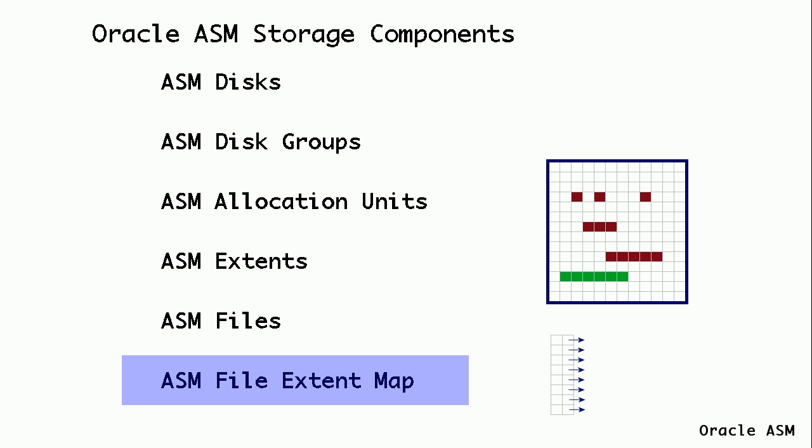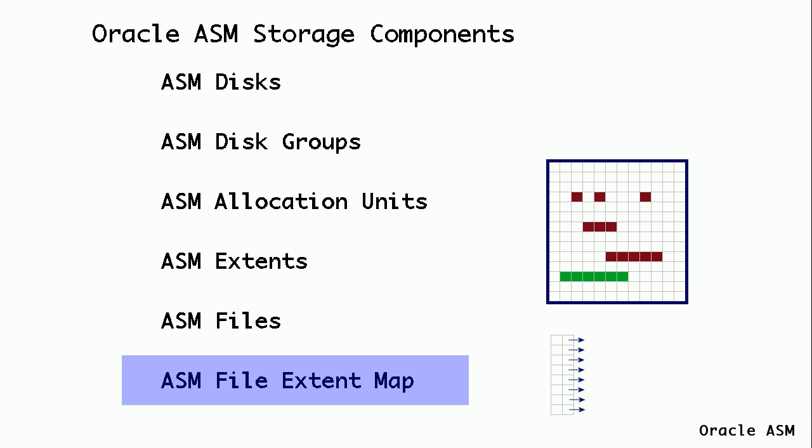Oracle ASM File Extent Map is a list of extent pointers that point to all the data extents of a file. Each extent pointer contains the disk identification, allocation unit number, and checksum information for the data extent.